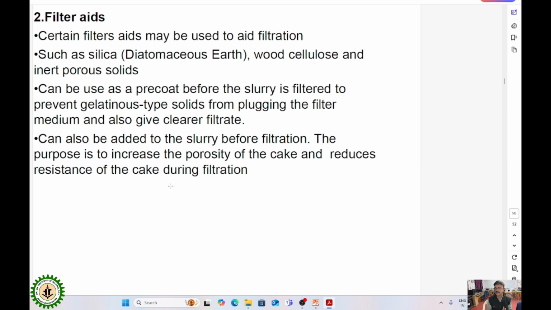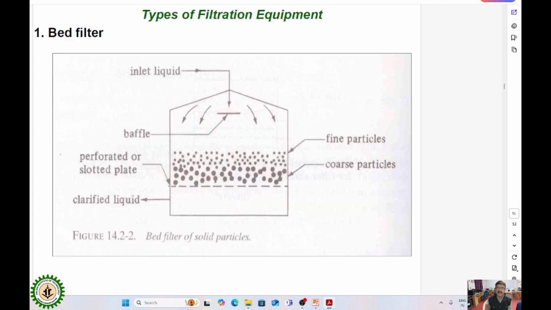After that, the filtration process is started. So the porosity of the filtering media will not be choked, because of the layer of filtering aids. Generally, diatomaceous earth, silica, and wood cellulose are popularly used as filter aids.